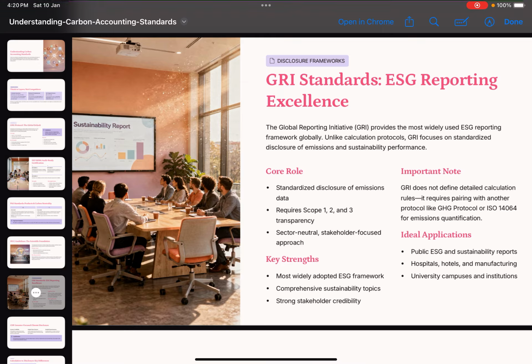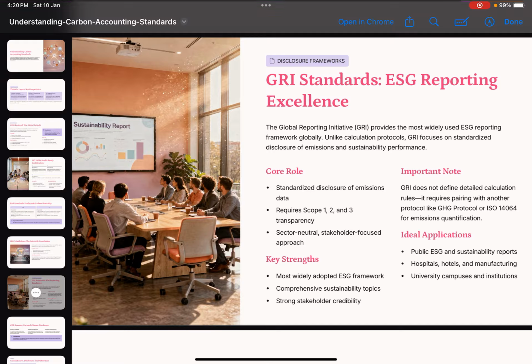The important note, which we will repeat again, is that GRI does not define detailed calculation rules. It has to be complemented with either the GHG protocol or the ISO 14064 protocol for quantifying the emissions.